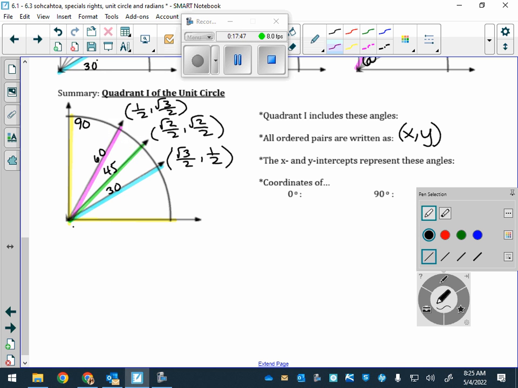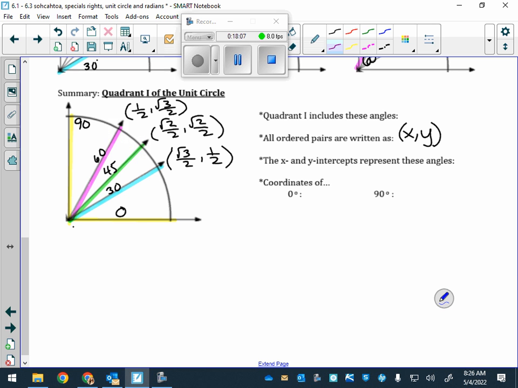What do you think? Then 0. This would be 0, okay? So 0, 30, 45, 60, 90. Now, how can I figure out what these points are?